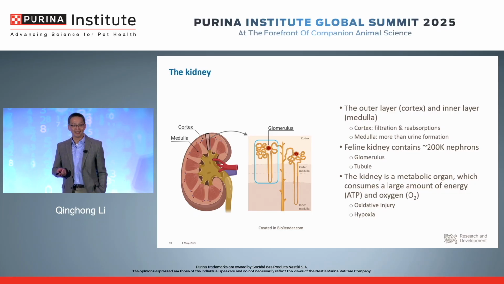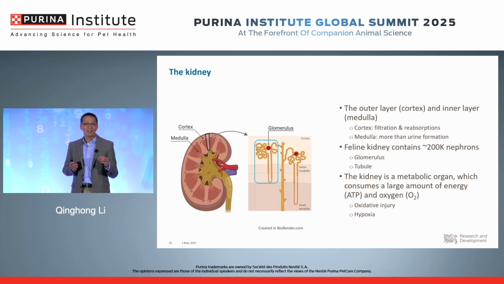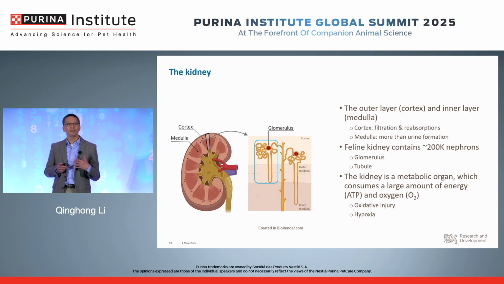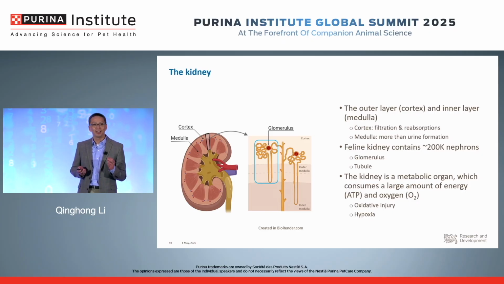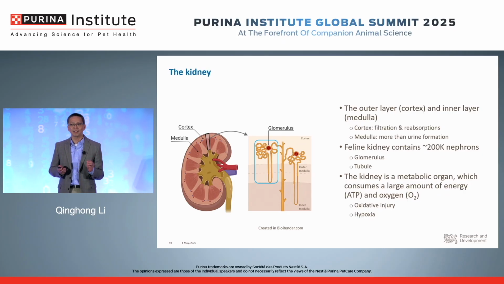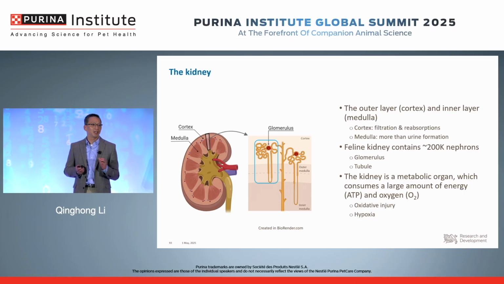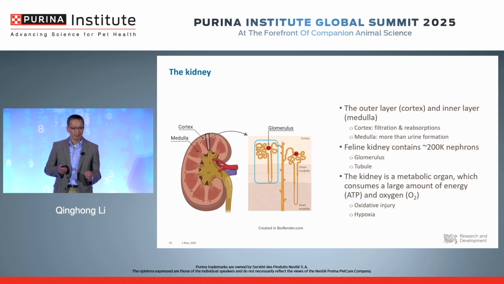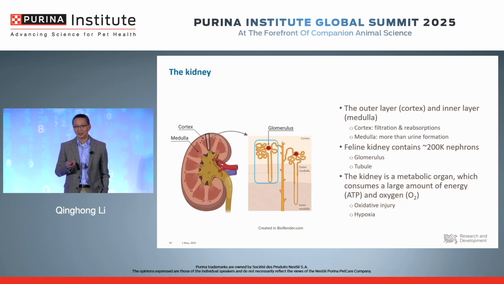Most importantly, the kidney is a metabolic organ, which consumes a large amount of energy and oxygen. As a result, the kidney is particularly sensitive and vulnerable to oxidative damage and hypoxia injury. And I will come back to that.